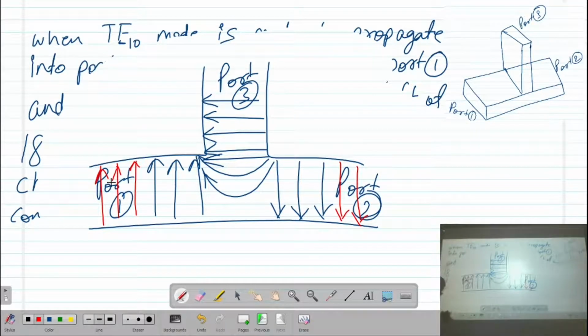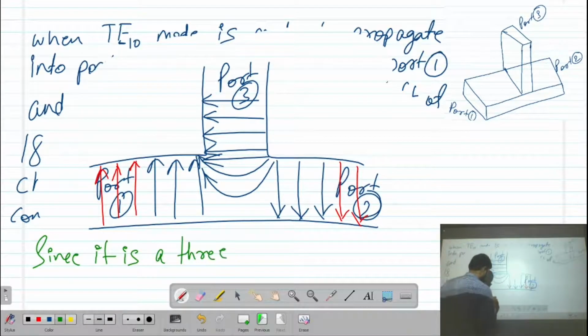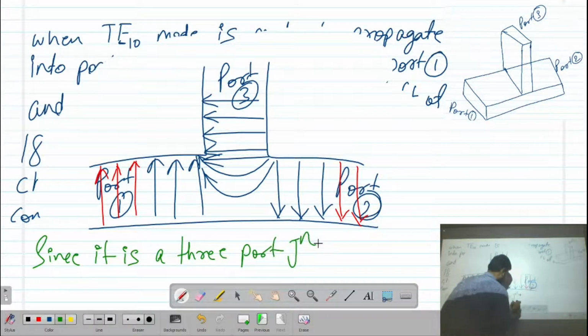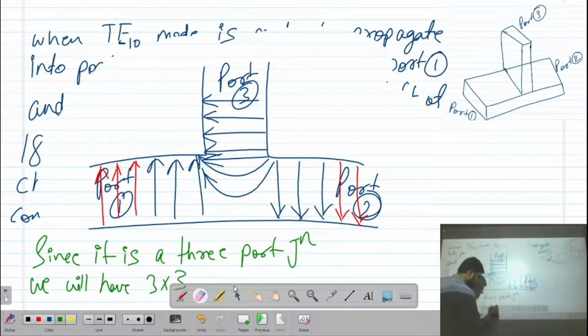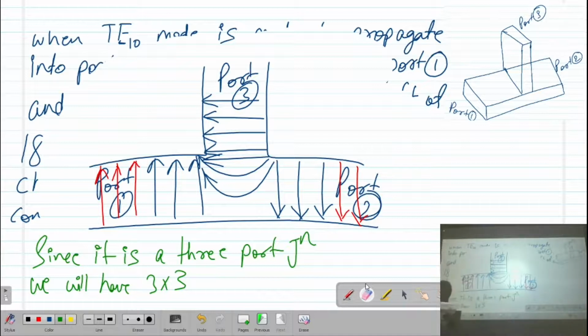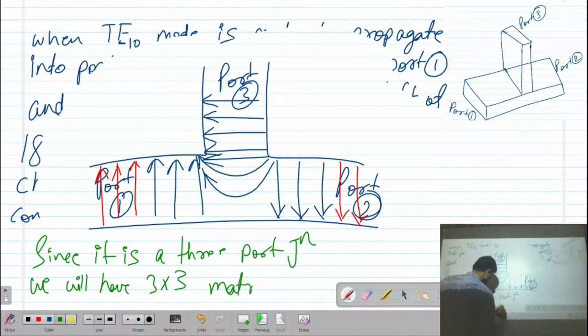Now again, since it is a 3-port junction, we will have 3 cross 3 matrix for scattering parameters.